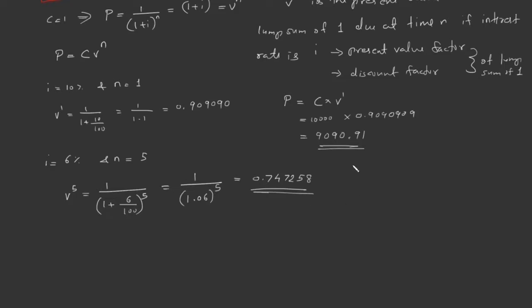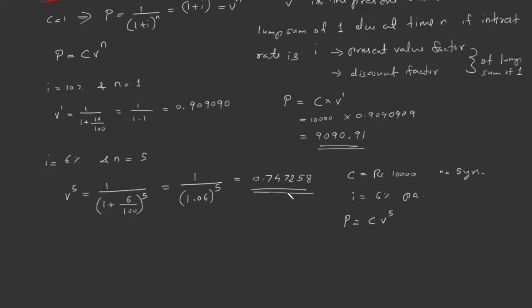So what will be the present value of rupees 10,000 after 5 years if the interest rate is 6% per annum? We know P is equal to C into v raised to 5, where v raised to 5 is the present value factor when I is equal to 6% and n is equal to 5.